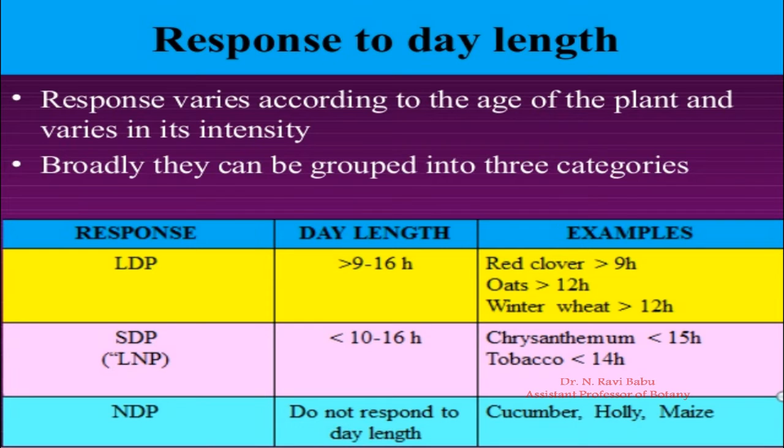While coming to the long day plants, here the long day plants develop flowers when the days are longer than 13 to 14 hours. I mean, the length of the day should be longer than 13 to 14 hours.